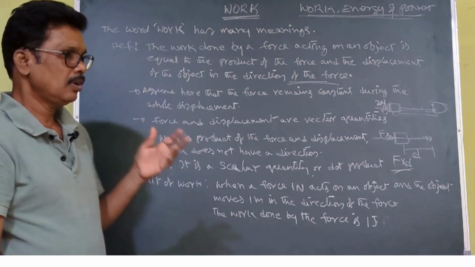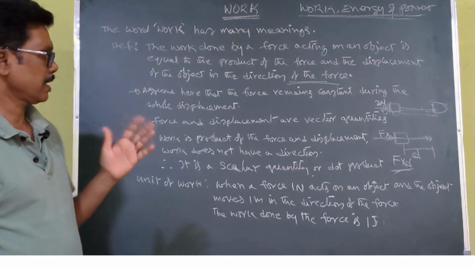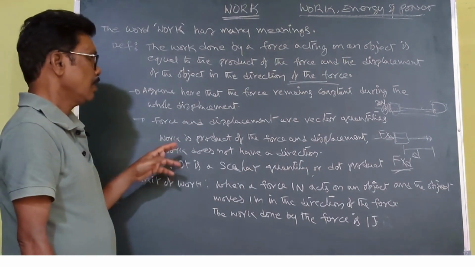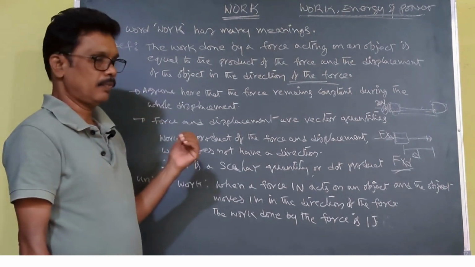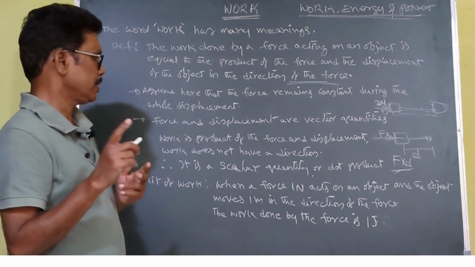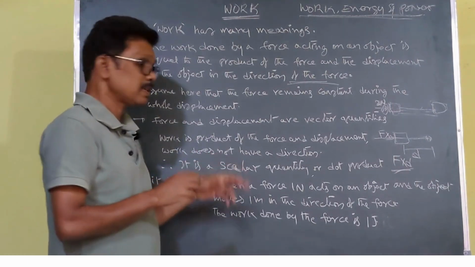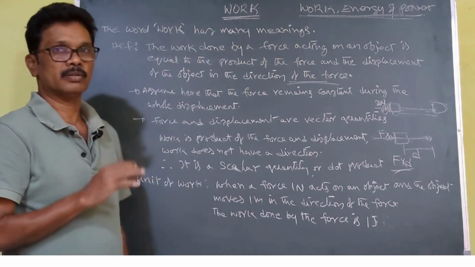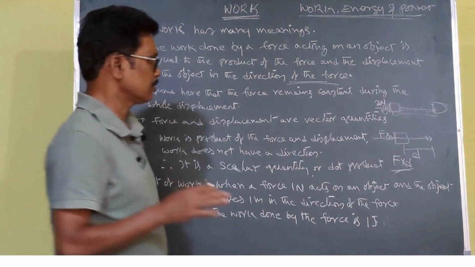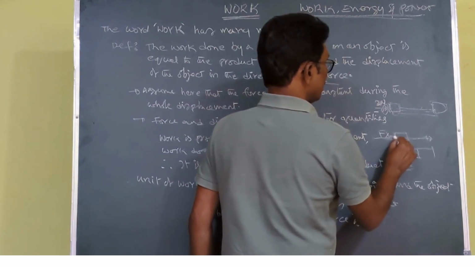If it has only magnitude, it is a scalar quantity. So force and displacement both are vector quantities, whereas coming to work, it does not have a direction. Suppose this is the object, you are applying the force here.